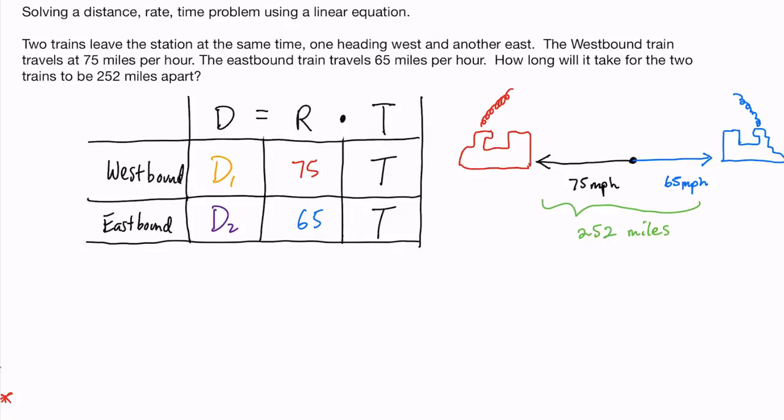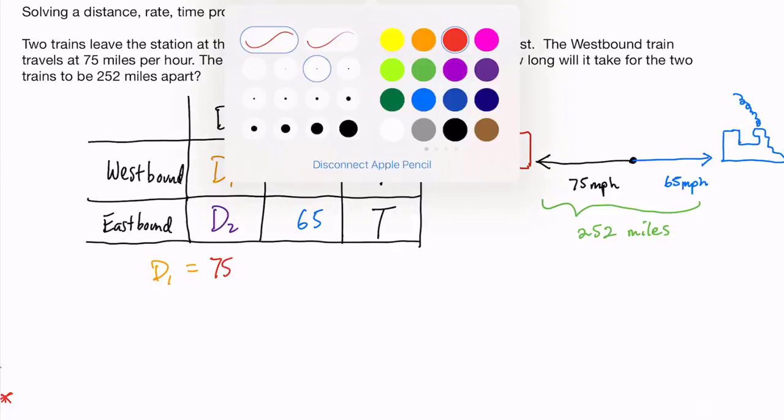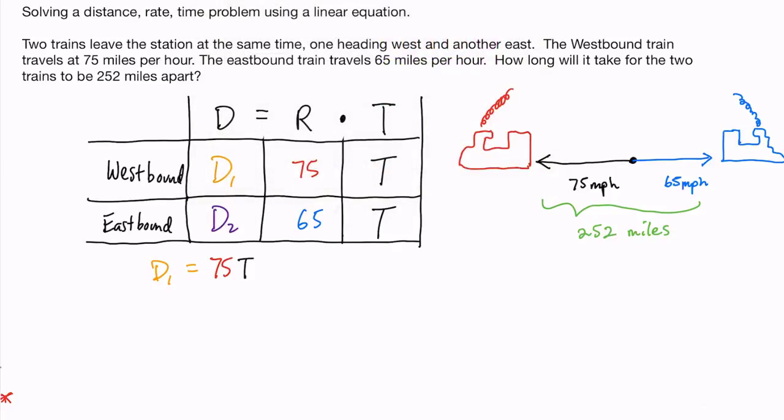How long will it take? Let's read. How long will it take for the two trains to be 252 miles apart? We want to solve for capital T. So what do we have here? We have D1 is equal to 75 times T. And we also have D2.